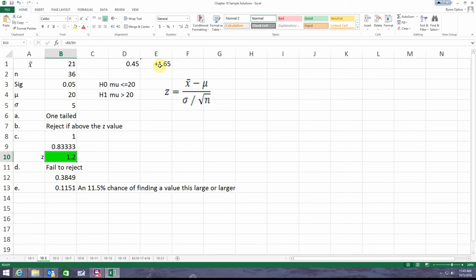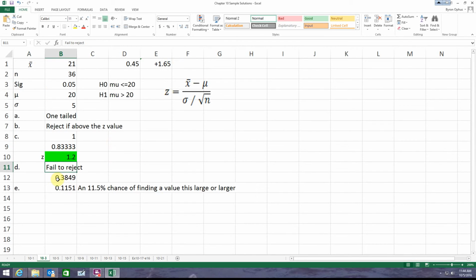I'd reject it if it's greater than 1.65. I could have put that in here. Reject if my calculated z value is greater than 1.65. It's not, so I fail to reject. It's almost like accepting the null, but we can't say that. I fail to reject the null.